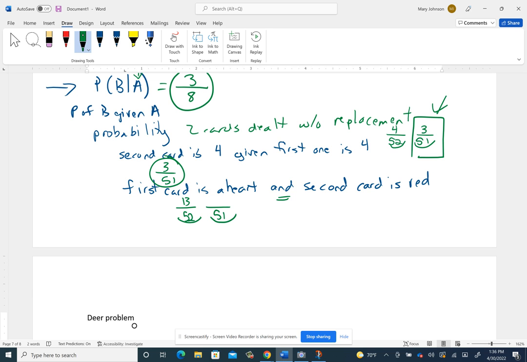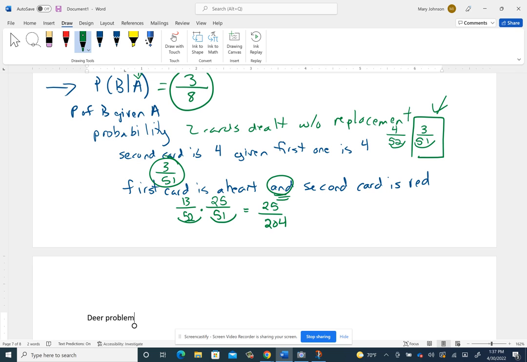We're assuming the first card was a heart, which is red. So there's 26 red cards normally, but there's only going to be 25 available. And the answer isn't just the 25 out of 51, because it wanted the probability of the first card being a heart and the second card being red. So you would multiply those. And when you simplify everything, you wind up with 25 over 204.